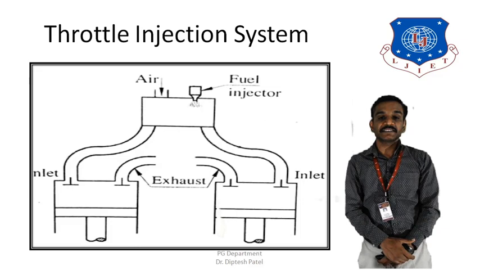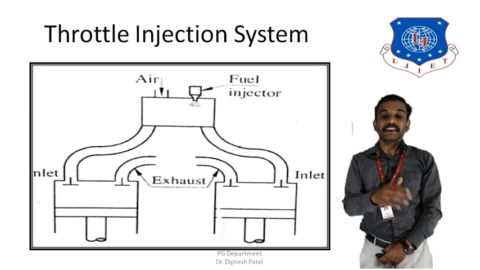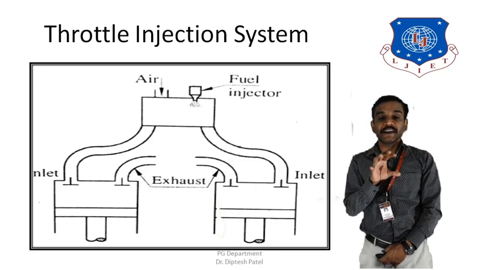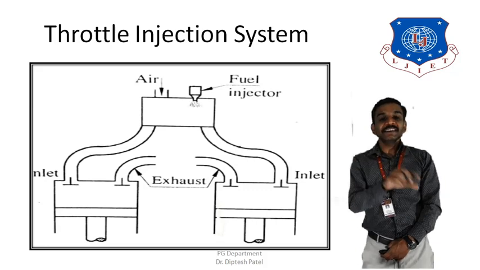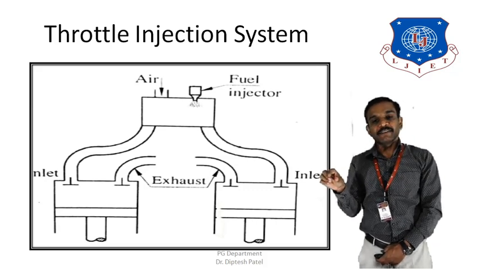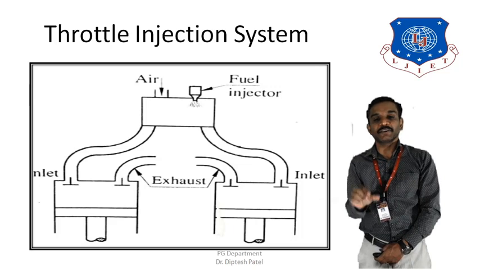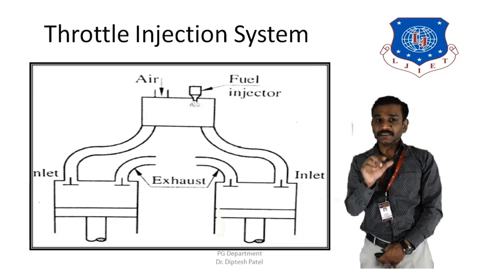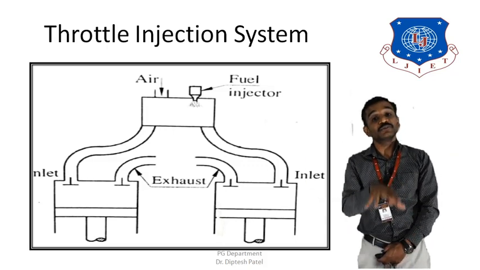In the throttle injection system, fuel is injected into the throttle body, where air and fuel combine and mix together, and then are supplied to each intake manifold through the inlet valve into the cylinder, and that quantity depends on the requirement of the engine.